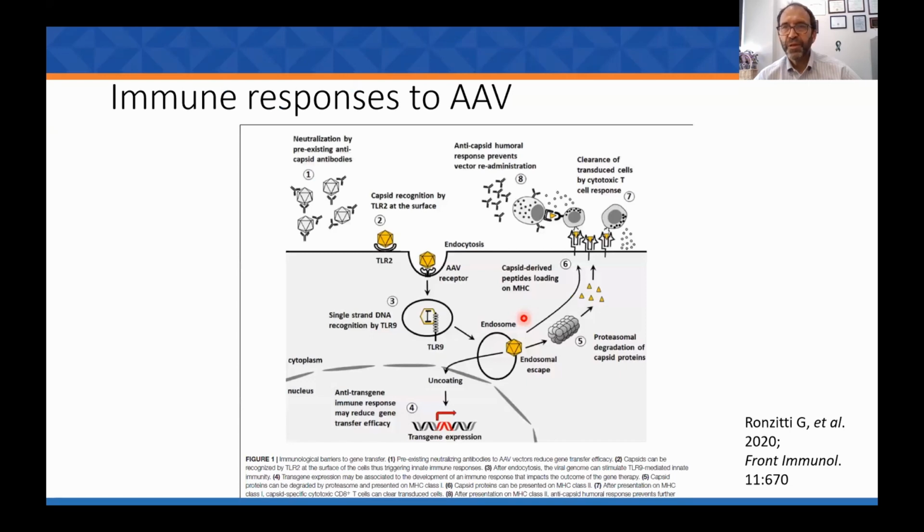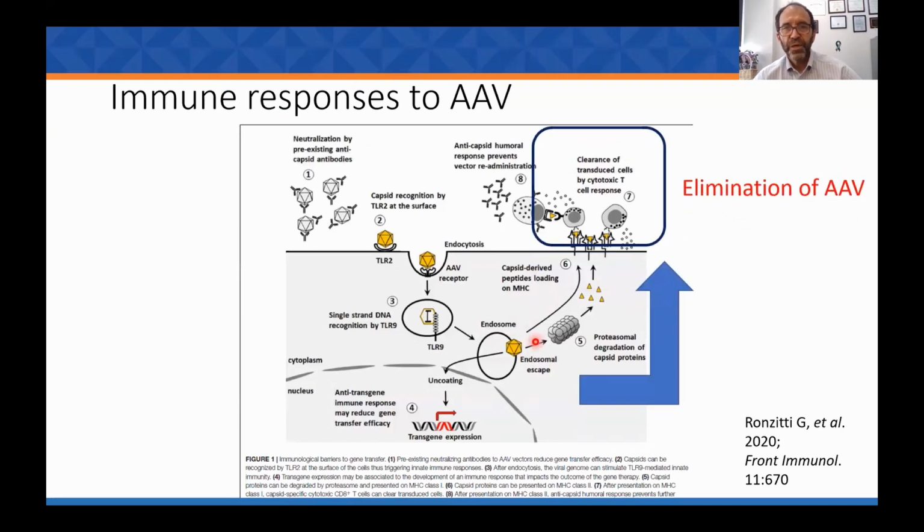Then a little bit more about the immune responses, what this means, and the need for immune suppression with prednisone. So we know that above a certain dose of AAV, actually in clinical trials, there is a T cell response, so what are called cytotoxic T cells, actually against the cells that have the AAV, and that's going to eliminate the AAV entirely and eliminate any benefit from gene therapy.